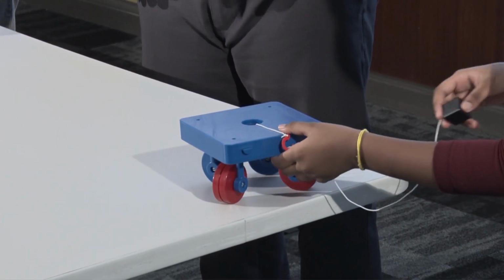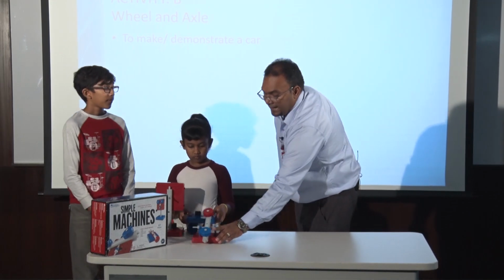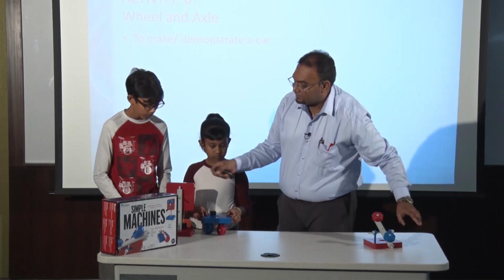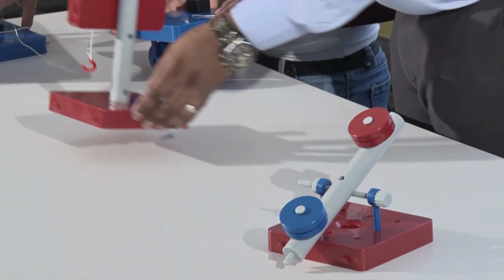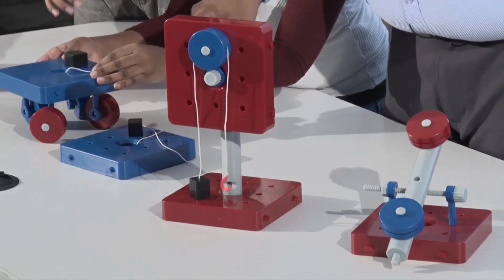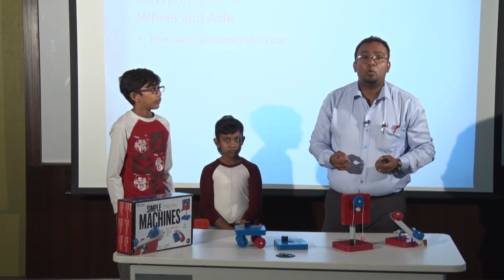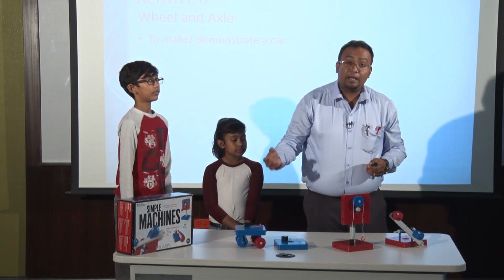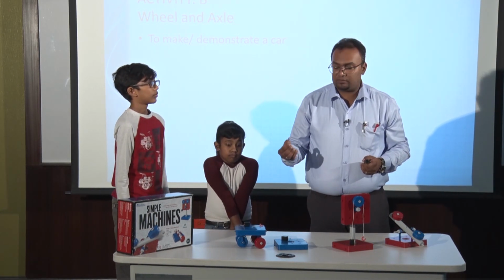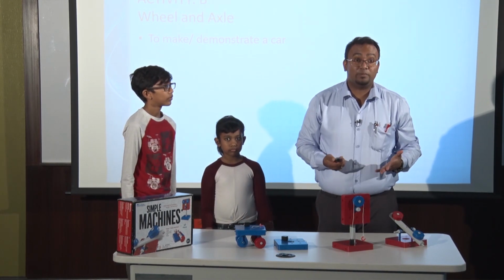Okay, thank you. If you notice, by adding the wheels and the axle, moving the block was such an easier job. So the wheel and axle made a big difference. Think about driving a car without wheels. We would take forever to go anywhere.